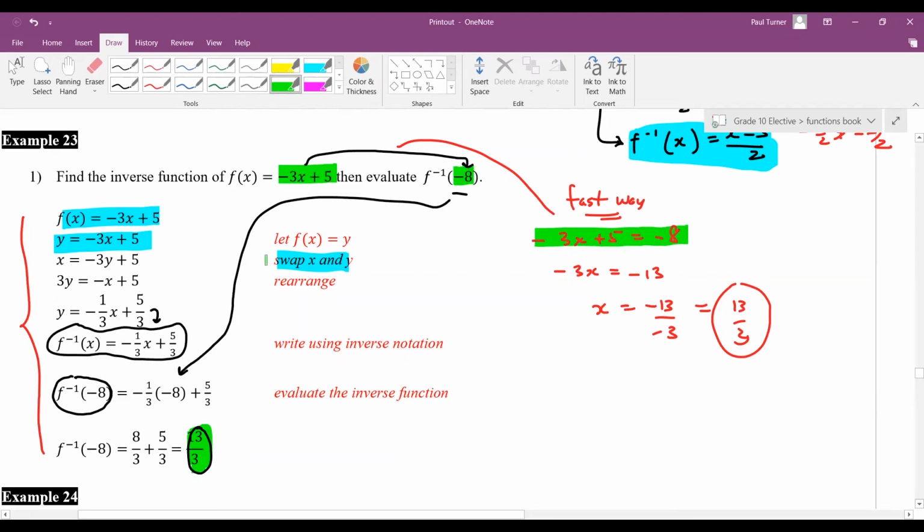This is the fast way. This over here is the slow way. Now this way, the slow way can sometimes be very difficult or nearly impossible to do. So the fast way is a very good way to learn how to do this problem. So if you're given the function and I want to calculate this, I would do it this way instead. Okay, but this is a very slow way to do the problem.